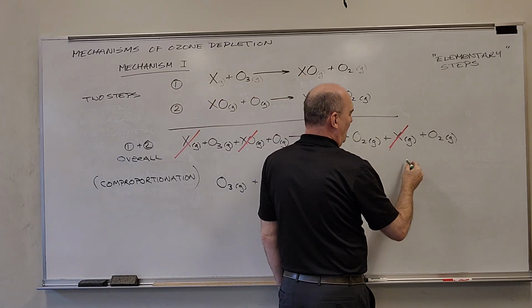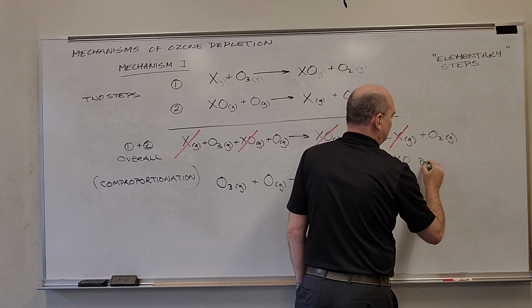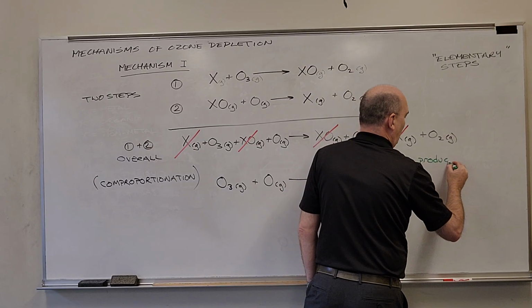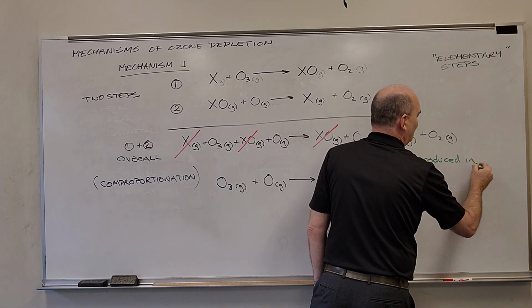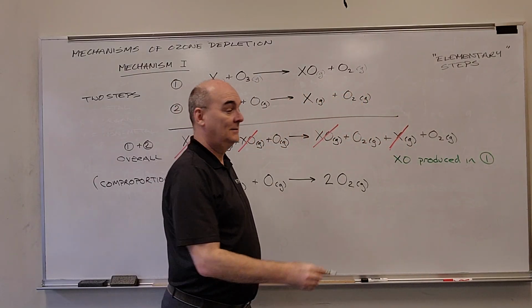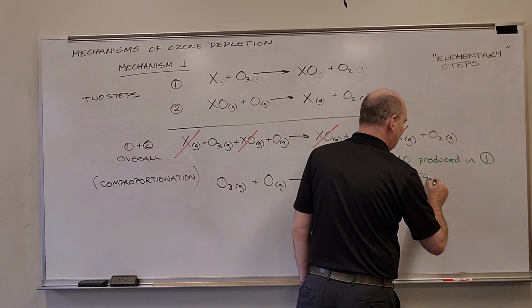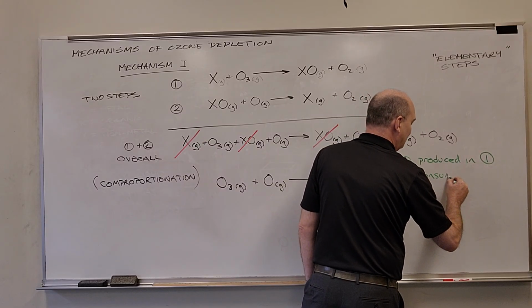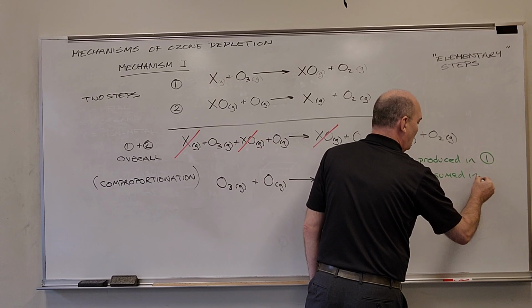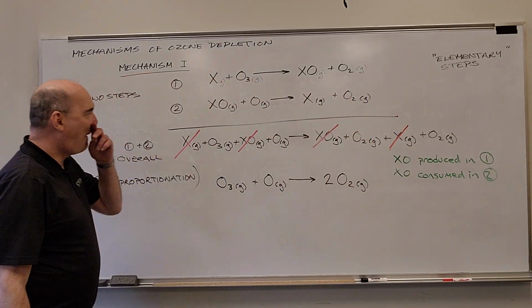This guy. So XO is produced in reaction 1, but then consumed in reaction 2.